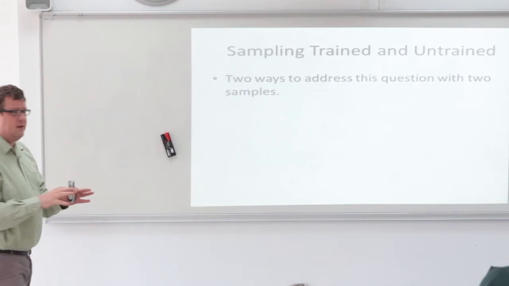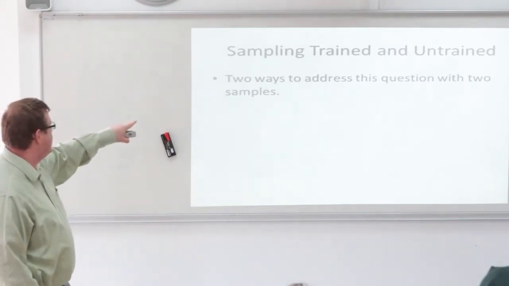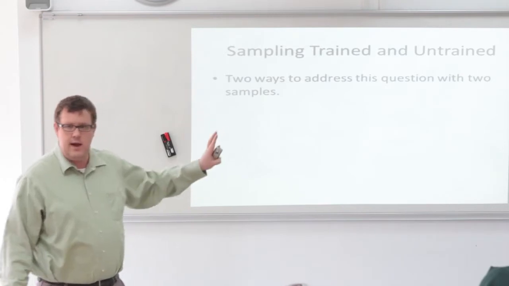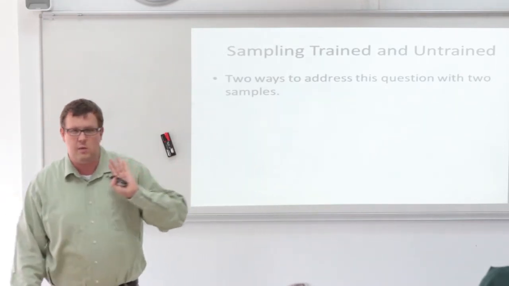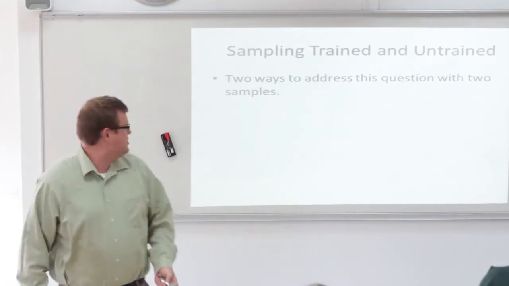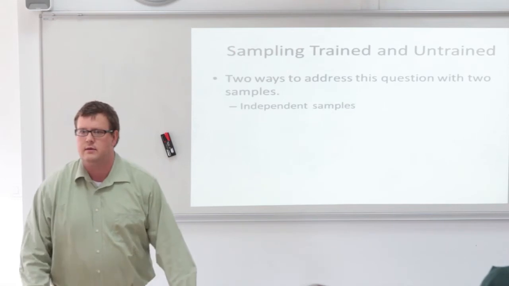Now, we can sample both trained and untrained groups, right? There are two ways to address this question with two samples. One way involves independent samples. This is what we were talking about in last class. So with independent samples, what would your two samples be?